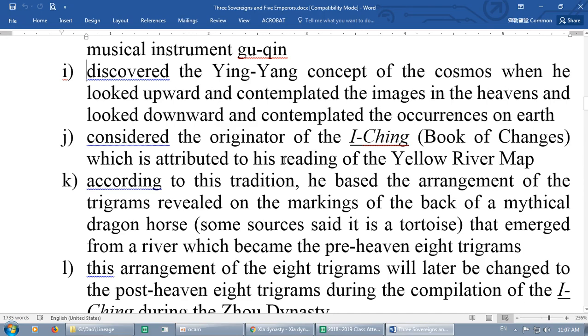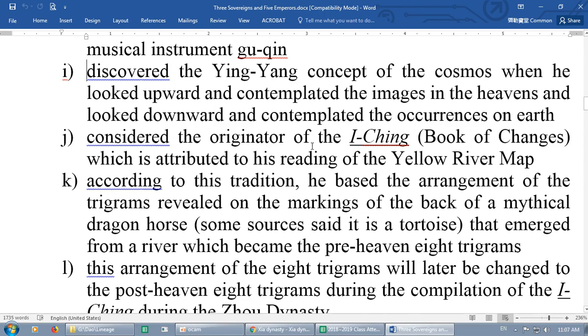Now, this is based on some of the sources that are written about Fuxi, that supposedly Fuxi looked at the heaven and saw the marvelous images, the stars, the galaxies, the stars of the Milky Way, and then he looked down at the earth, and he had that moment of epiphany, and he realized, whoa, there's yin and yang, there's positive and negative, that everything is relative. They're opposites. So that's how he came up with it.